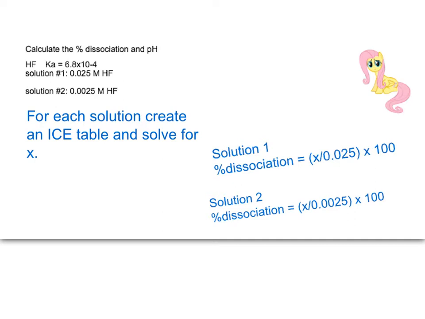First, you're solving for the 0.025 molar solution and the 0.0025 molar solution. For each one, write out the dissociation, set up an ICE table and solve for X. Then, to find the percent dissociation, that is literally just X divided by the initial concentration times 100.